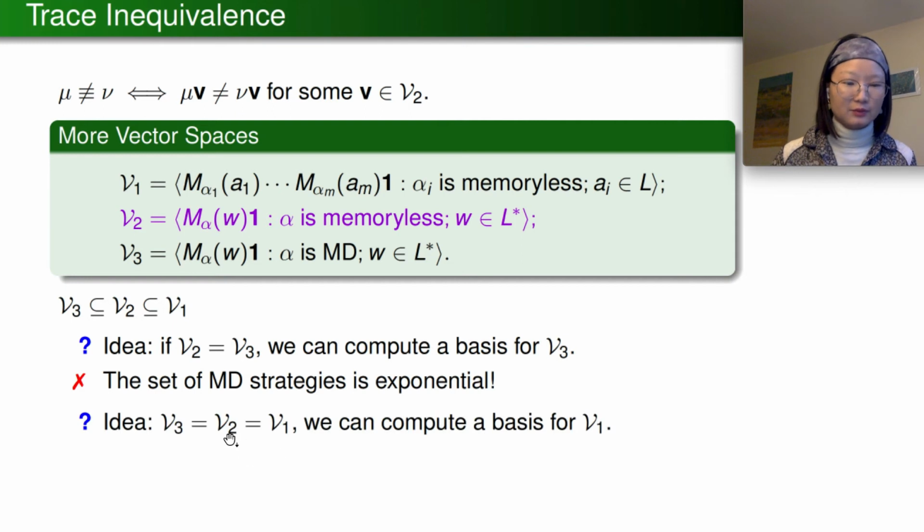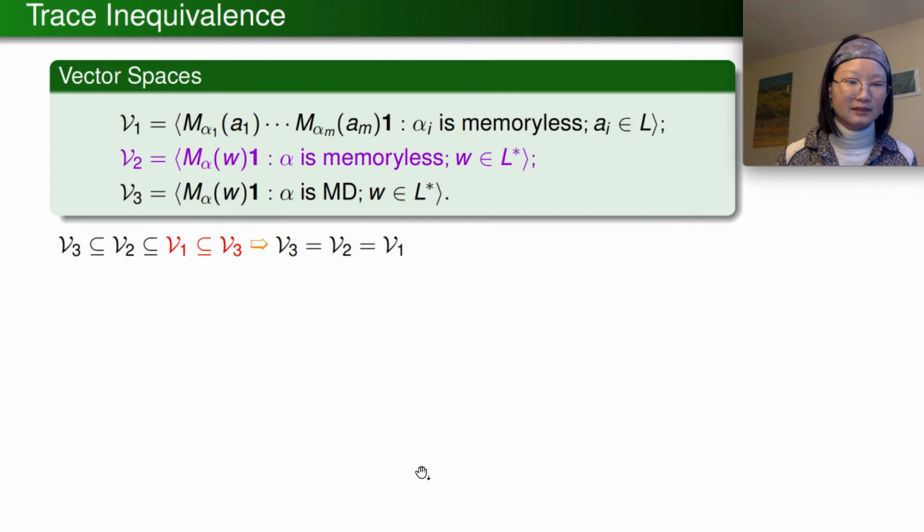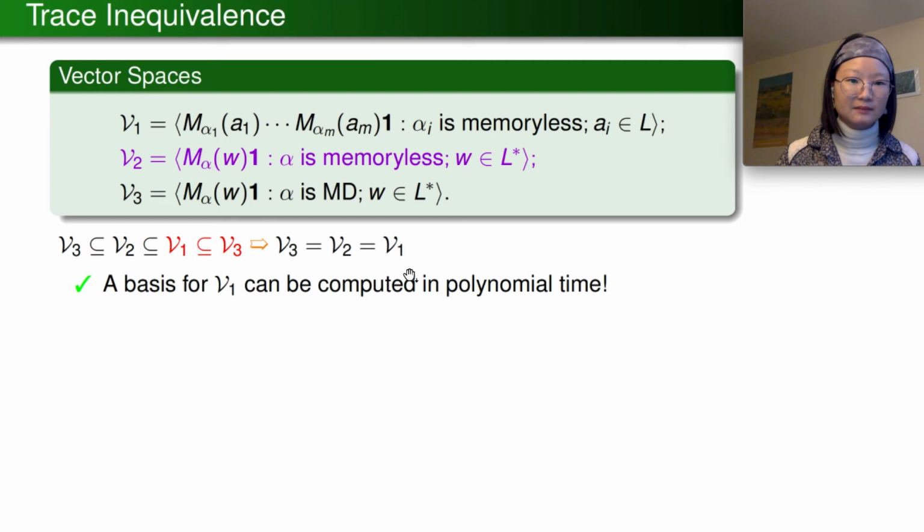If we can prove all three vector spaces are the same, then a basis for V1 would be a basis for V2. And the good thing about V1 is that a basis for it can be computed in polynomial time. Indeed, in our paper, we have proved that V1 is a subset of V3, which means that all three vector spaces are the same.